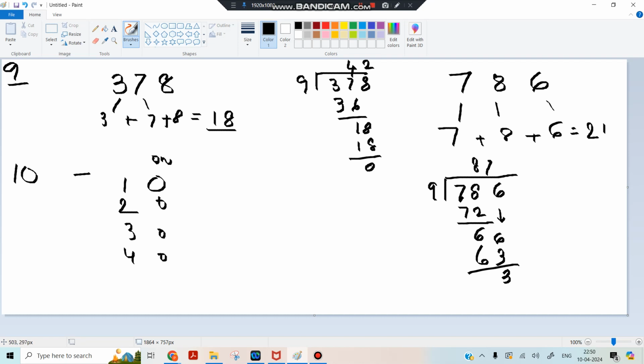So the digit in the ones house will always have to be 0 for it to be divisible by 10. So that completes our list of divisibility tests from 2 to 10.